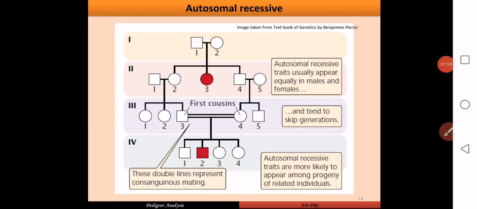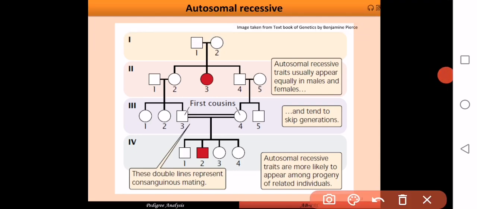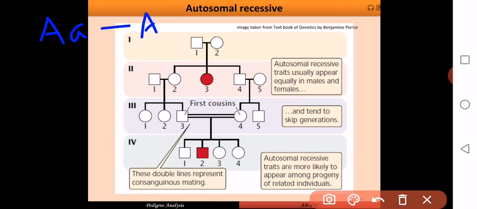Now let's have a look at a condition in which a carrier gets married in one situation to a healthy individual and in the second situation to a carrier. Okay, so first we'll see a carrier who gets married to a healthy individual who is not a carrier.